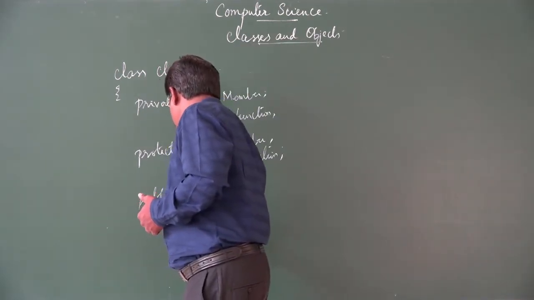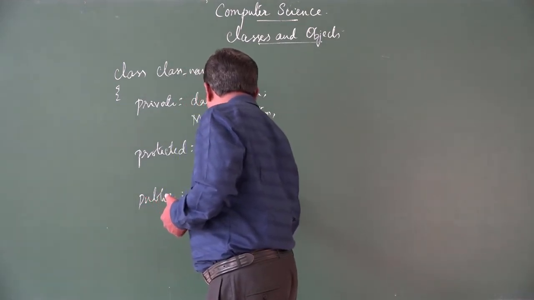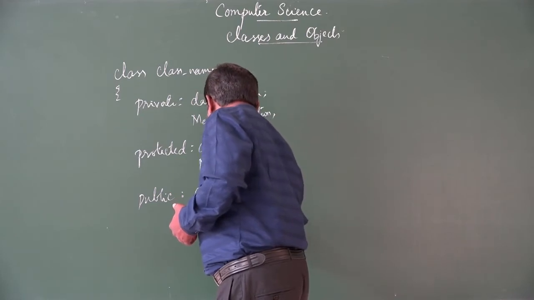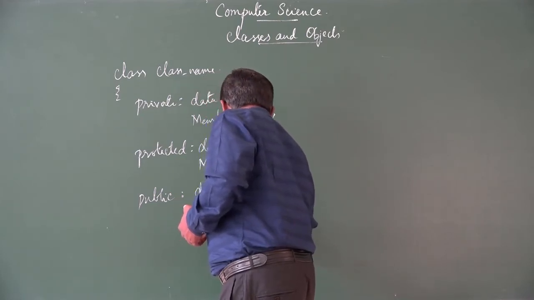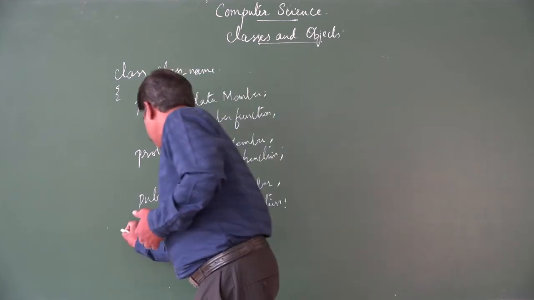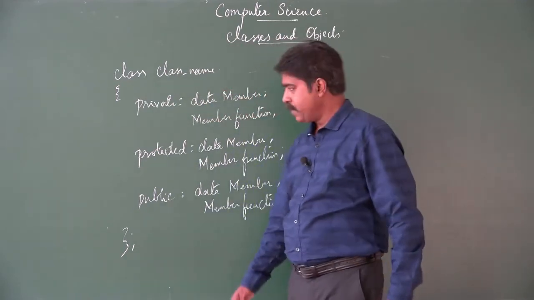So public, again data member, member function, data member and member function. Then close the flower bracket and a semicolon.